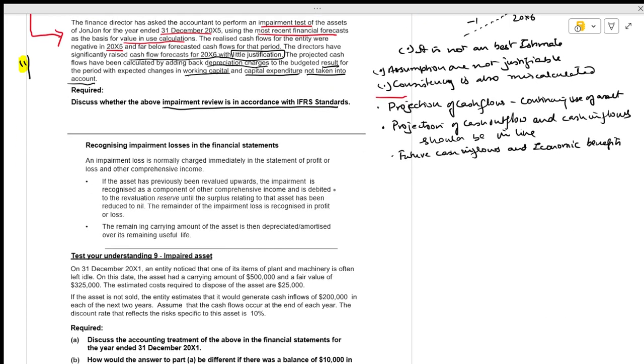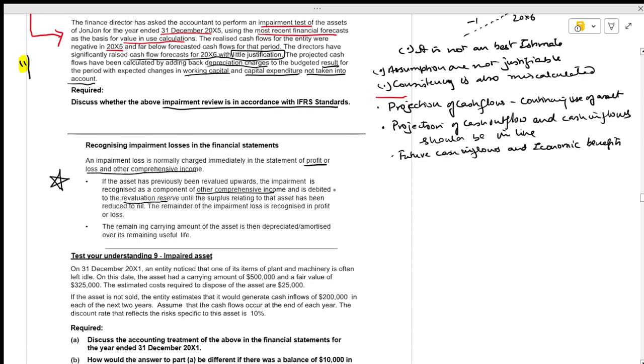Recognizing impairment losses, how you have to recognize. The loss is normally charged immediately to the profit and loss account and other comprehensive income. This has to be taken into consideration. They will ask you this in the exam. If the assets were previously revalued upward, the impairment is recognized as a component of OCI and is debited to the revaluation reserve.